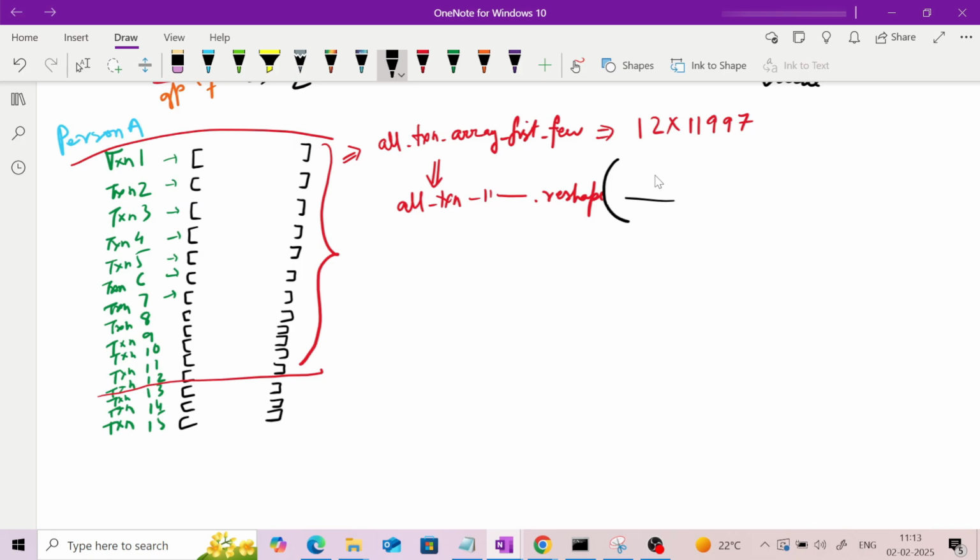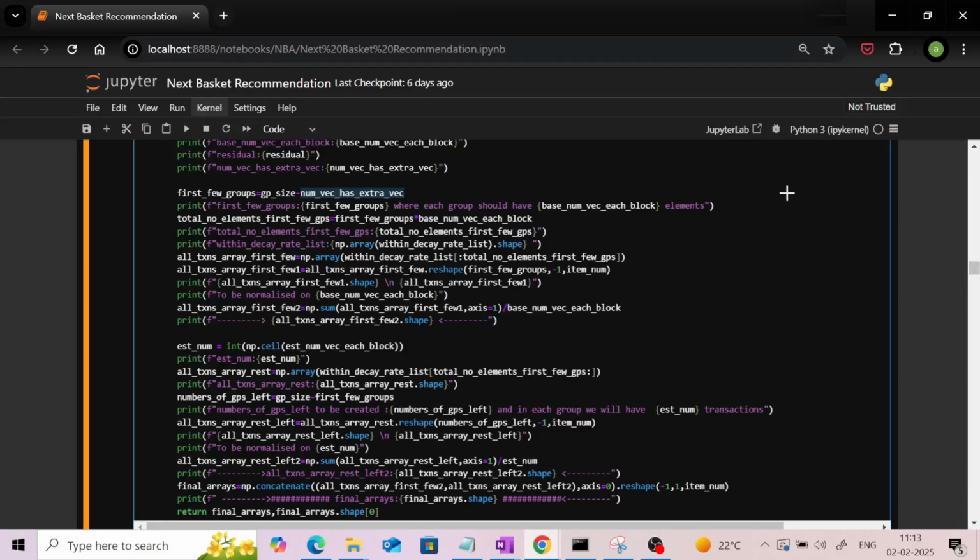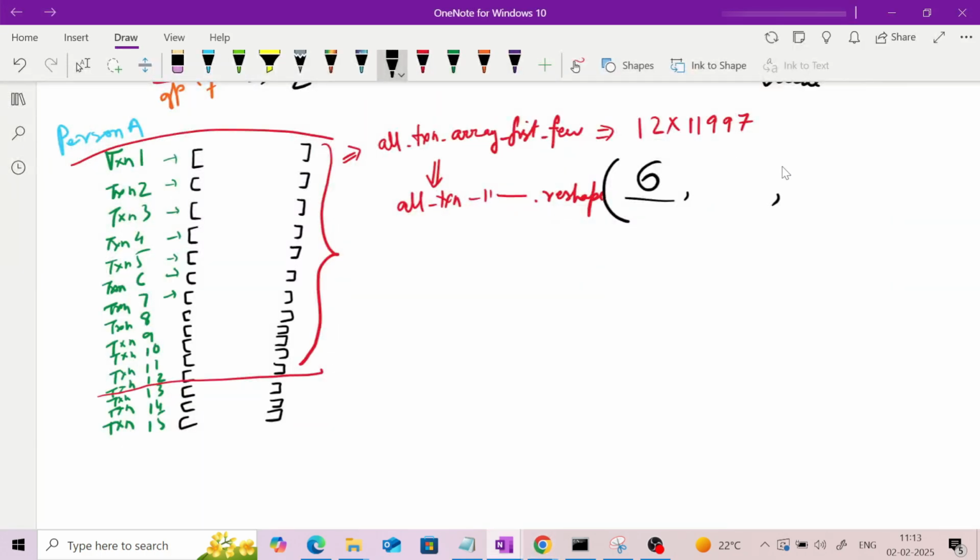So we are saying convert it into 6 groups, and the length of each transaction in the group is given by item number. Item number is 11,997, the total number of items in the database, and we are passing -1 over here.